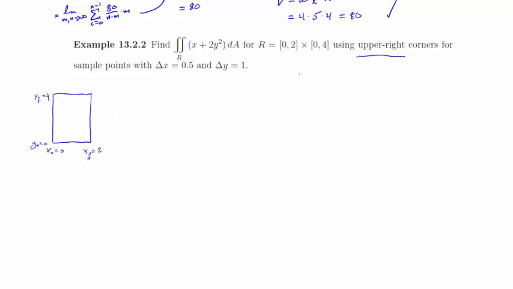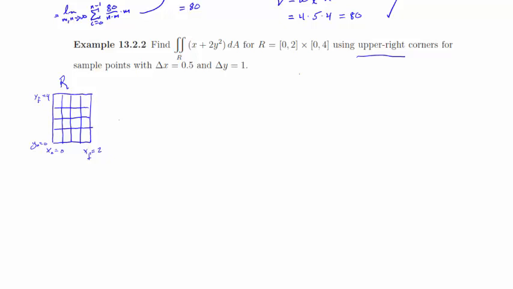Delta x is 0.5, so we're going to cut region R into 4 sections this way, and delta y is 1, so we're going to cut it into 4 sections this way.